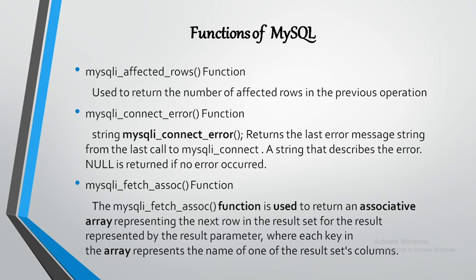Next is the MySQL connect error function. While establishing a connection between the database and the PHP scripting language, if any error occurs, this function gives the details of what type of error it is and where it occurred. Next is the MySQL fetch assoc function, which is used to return arrays.